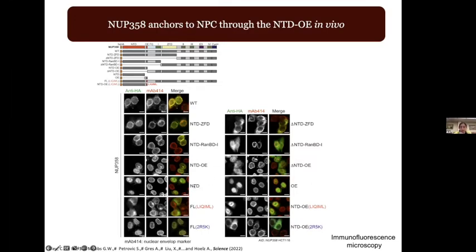When we further cut down the protein, it no longer localized to the nuclear rim, and this oligomeric state is also important. We introduced an oligomer-breaking mutation to this protein, and it was no longer localized to the nuclear rim. We also introduced mutations that break the N-terminal and nuclear pore interface, and this protein also lost its nuclear rim localization.